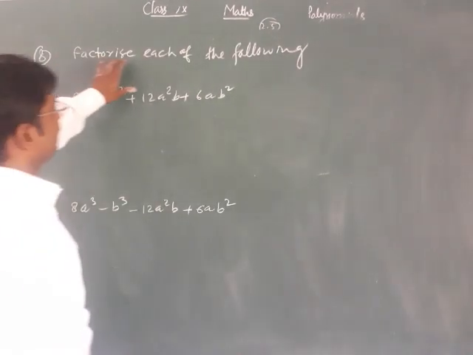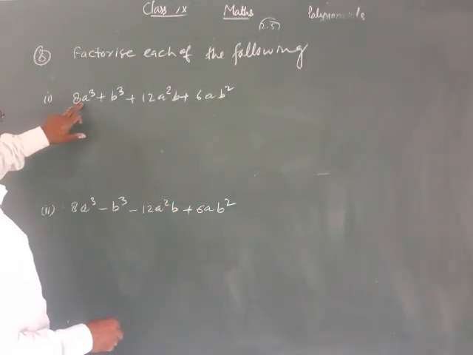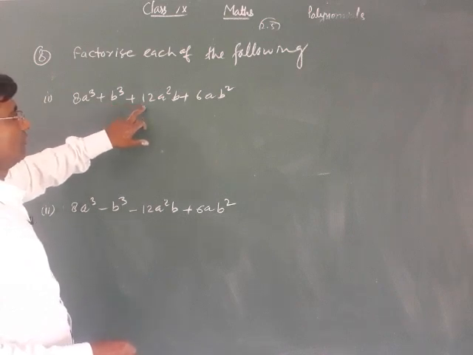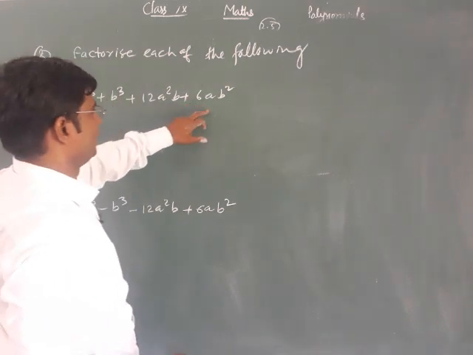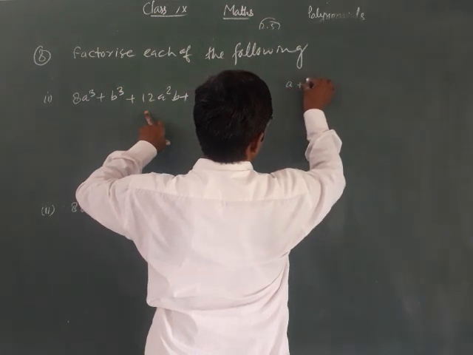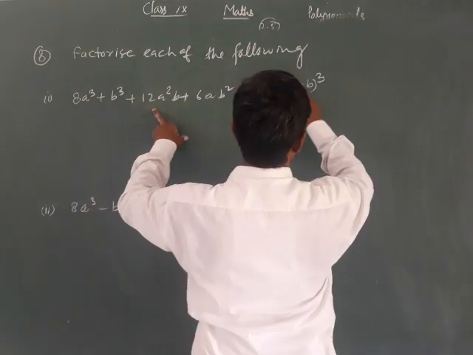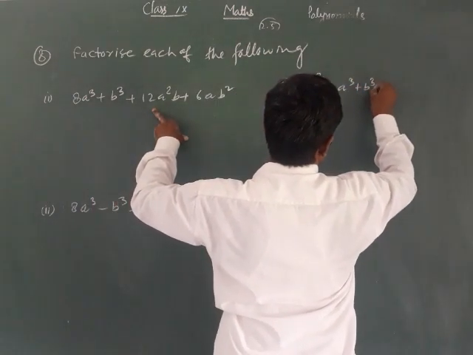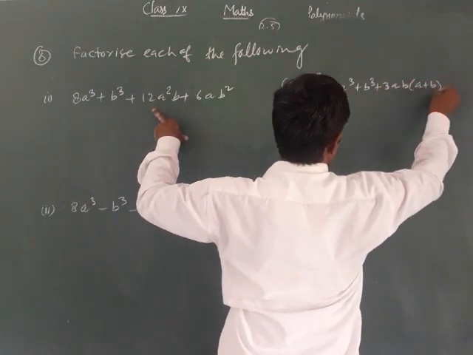Question number 8. Factorize each of the following. So now a cube b cube plus 3a square b plus 3ab square, like the same identity is used. So (a plus b) whole cube is a cube plus b cube plus 3ab in bracket (a plus b).